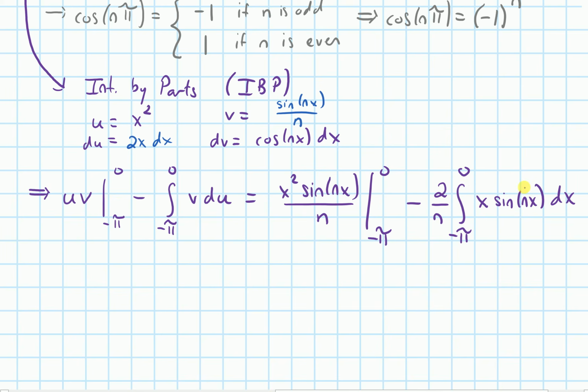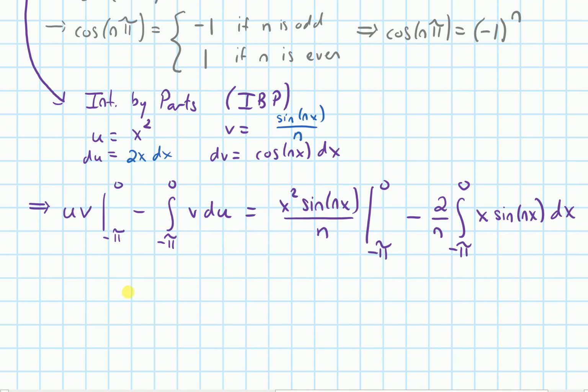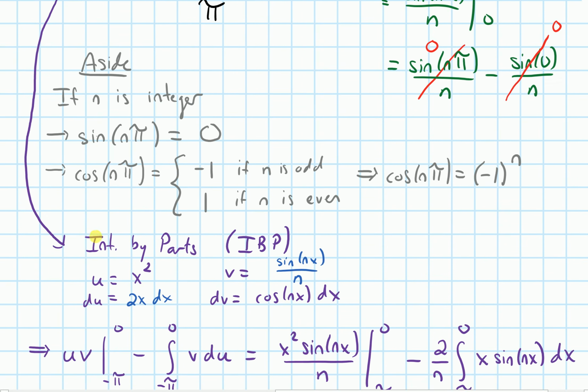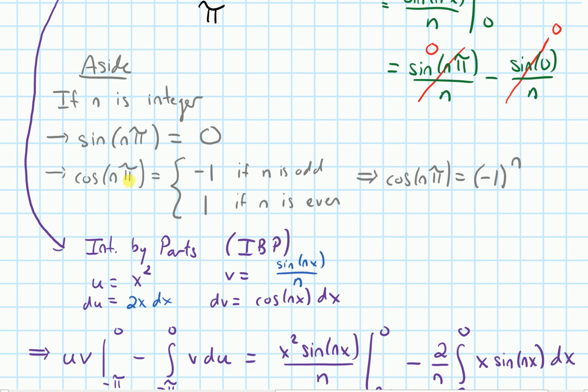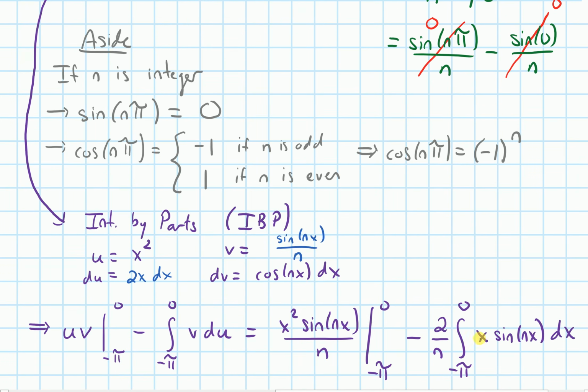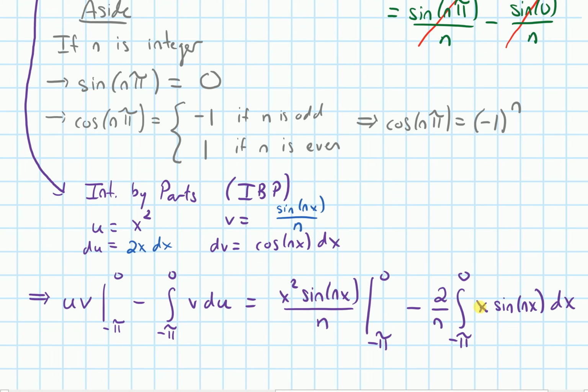Notice that this integral is now a little easier than before, because before we had a polynomial of degree 2. Now we've reduced the degree, because we have x to the 1 power. But we still need to determine what this integral is.